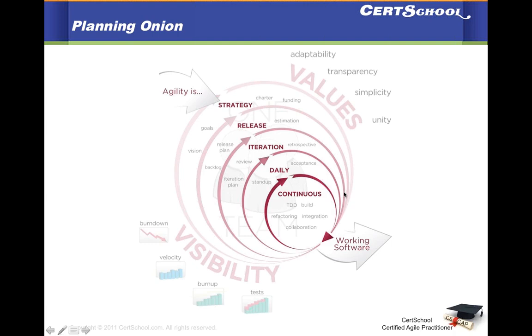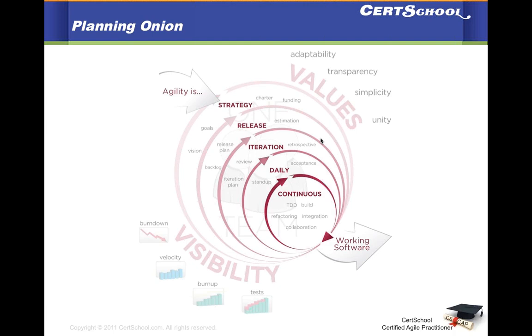So strategy, usually the planning for strategy is done maybe once a year. Typical for a mid to large level organization, they review their strategy, their vision, their goals, etc. once a year. Beneath that layer you have a release layer. Release is your product releases.